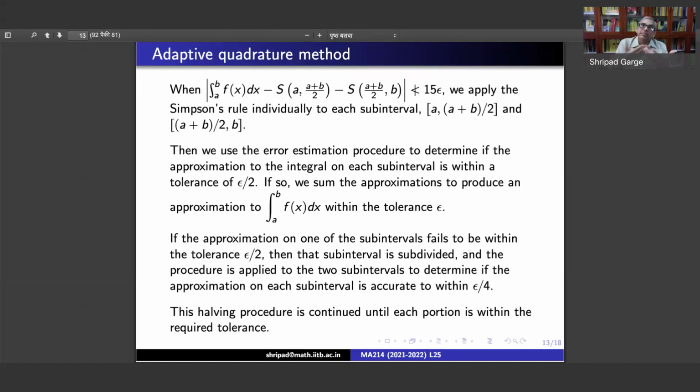If it is not, divide it into 2, and on those two subintervals you ask whether the approximation is close to the actual integration within epsilon by 4. If it agrees on epsilon by 4 on one of them but not on the other, work on that, divide that into 2 and ask whether you get epsilon by 8 now on each of them. And this procedure ultimately leads to a solution in most of the cases.